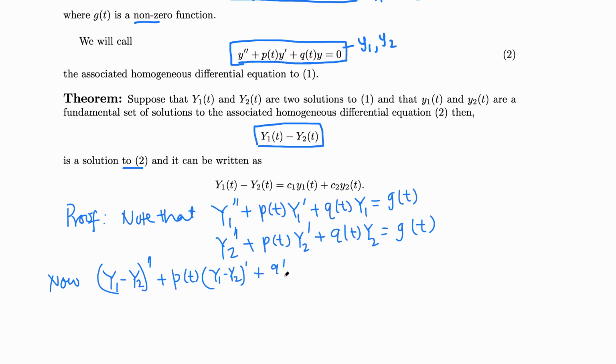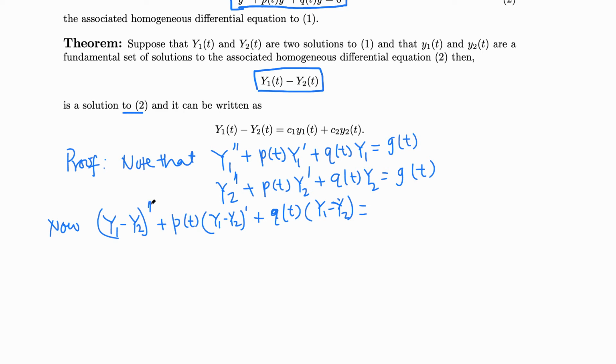If this is 0, then we can say Y1 minus Y2 is a solution to homogeneous equation 2. So let's simplify this.